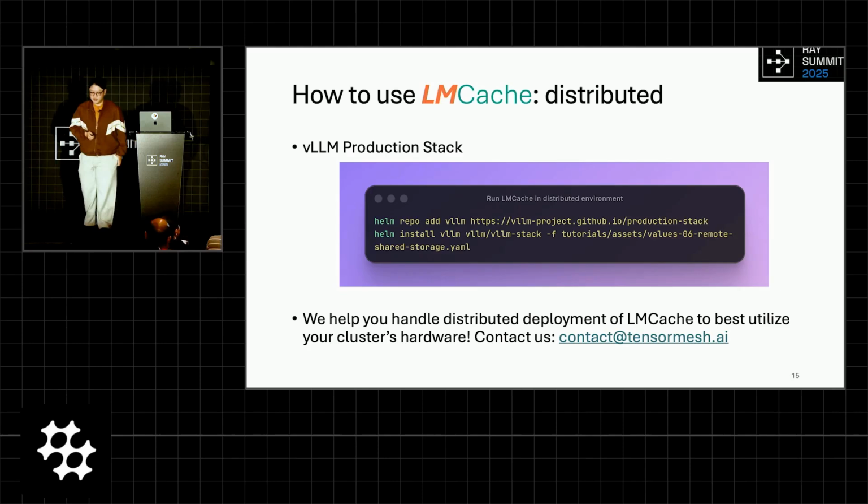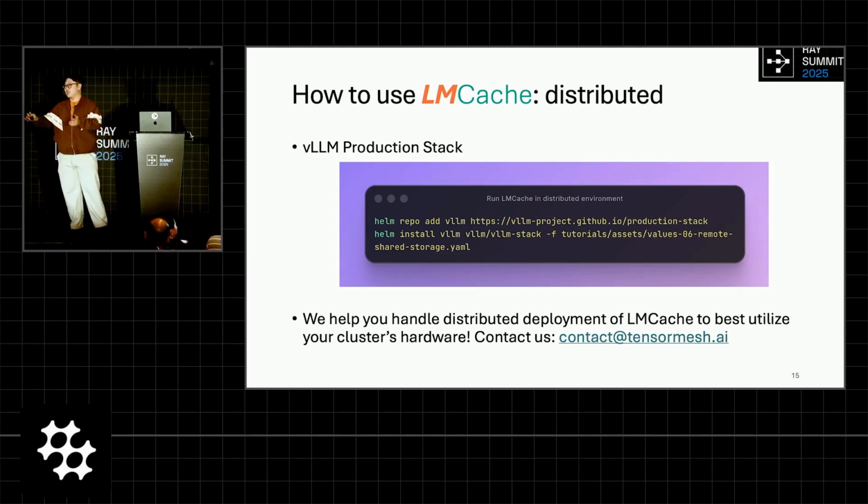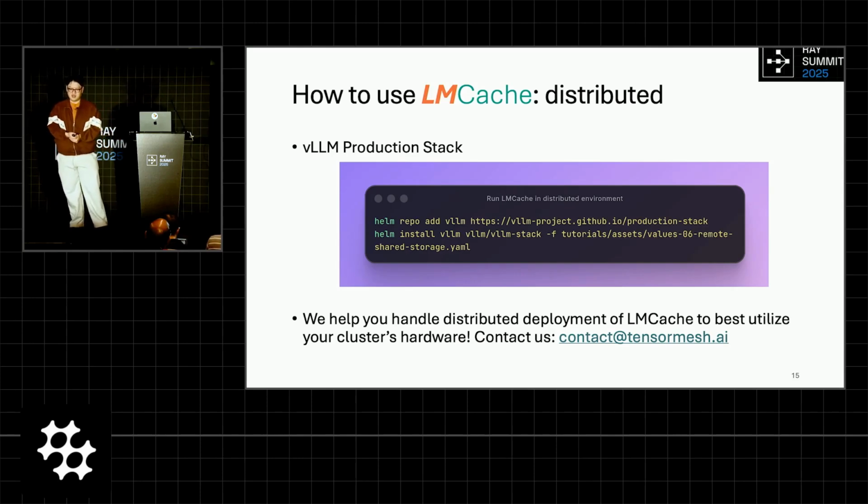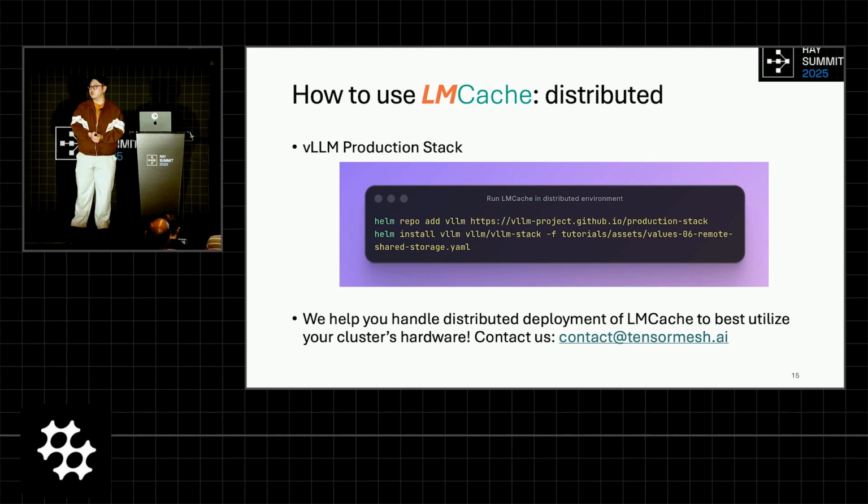For the distributed scenario, of course, distributed deployment is always tricky, but we try to make it easy through our own vLLM production stack project. We have Helm charts available for Kubernetes distributed deployments. Because we know that LMCache is tricky to deploy, and different clusters need different storage solutions and have different limitations.